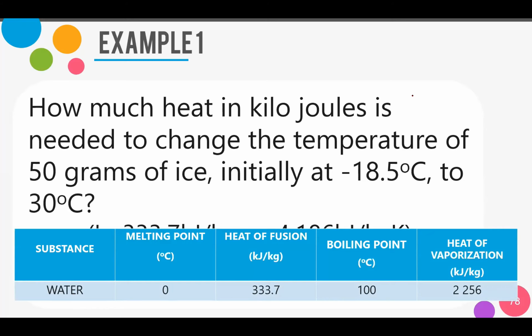So the moment it reaches 0 degrees Celsius, the temperature will pause for a while, and then it undergoes a process of changing its state from solid, which is ice, into a liquid, which is the water.